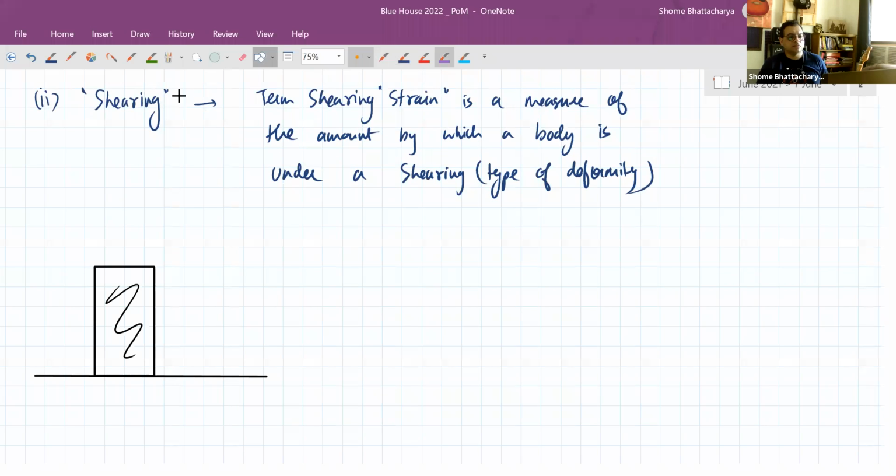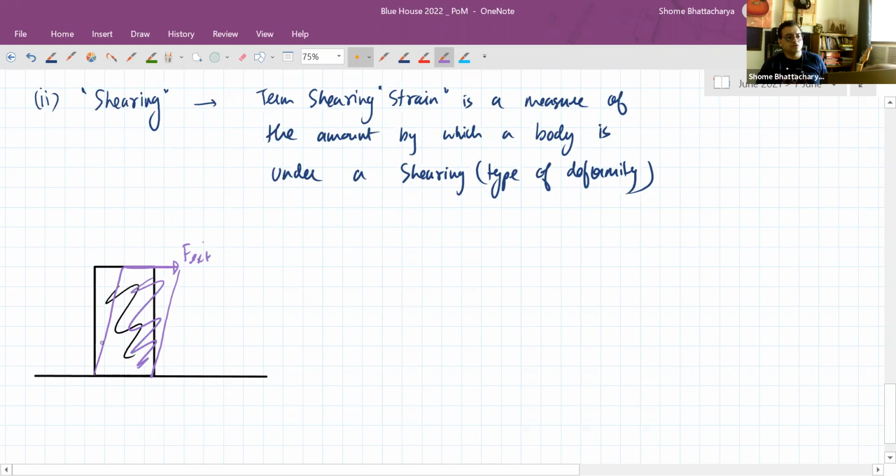As a result, if you apply force in this way, the body will tend to change its shape like this. So it has got shear.